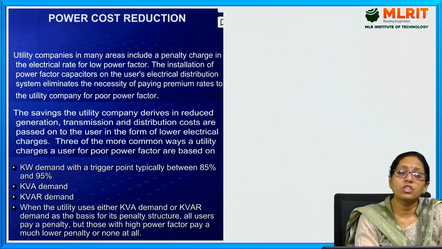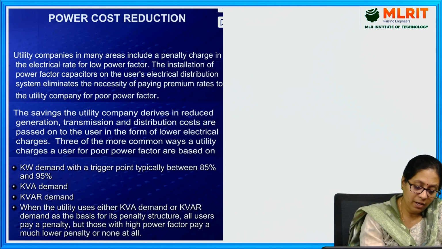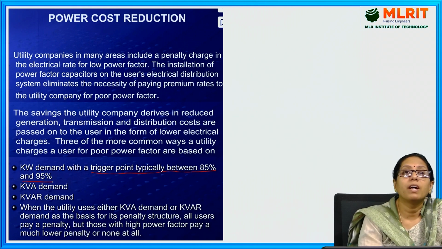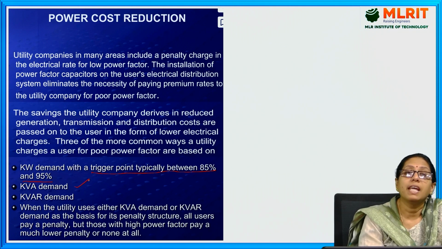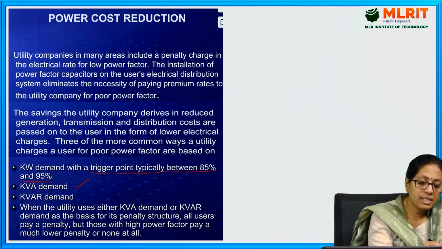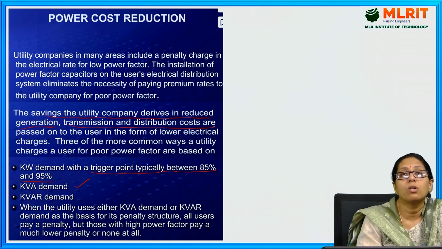Power cost reduction can also be done, that is the kilowatt demand with a trigger point typically between 85 to 95% kVA demand can be increased, the kVAR can be reduced, and the savings of the utility company derives reduced generation, transmission as well as distribution costs are also being reduced by improving the power factor.